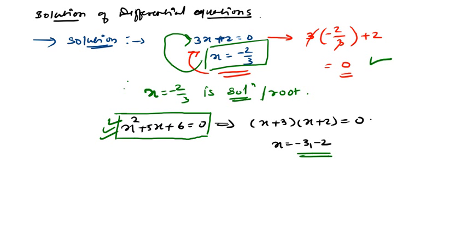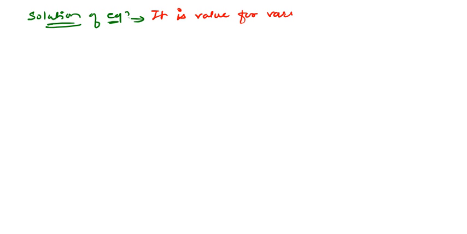From this we can form the definition of the solution of an equation. What is the solution of an equation? It is the value for the variables which satisfies the given equation.